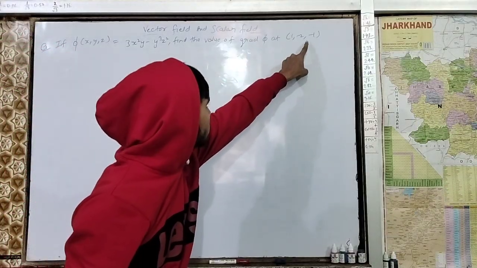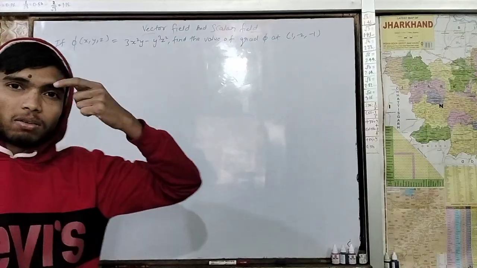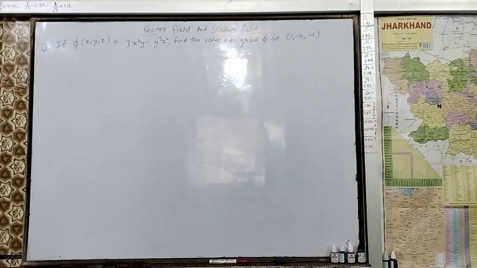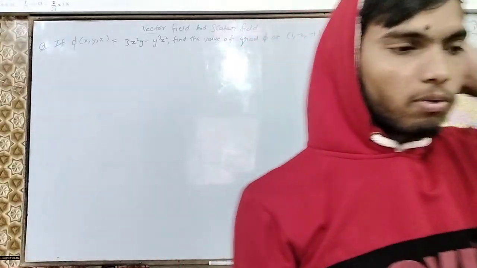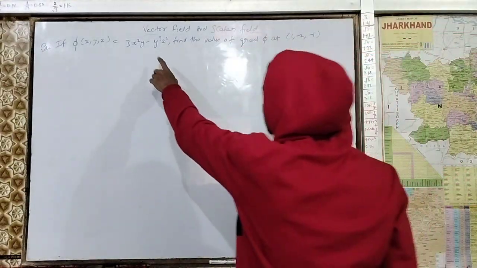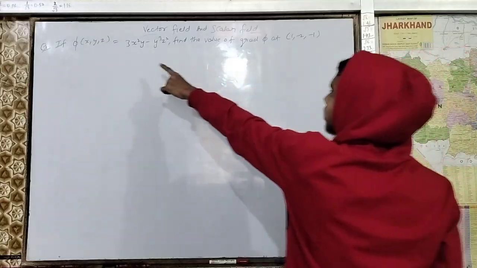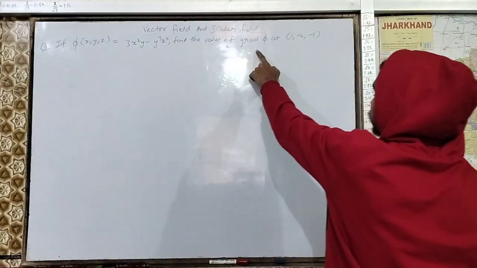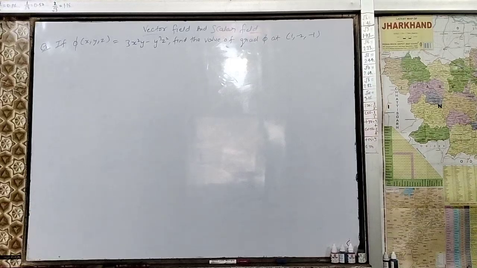Remember, these are coordinates, and I think this should be the position vector. If not, then okay, no problem. This is a scalar point function, and this is the point. We have to find grad phi.